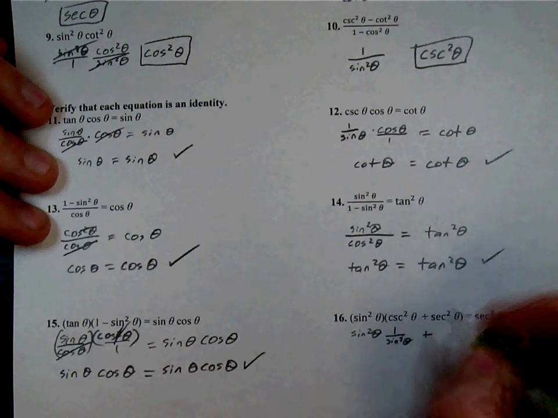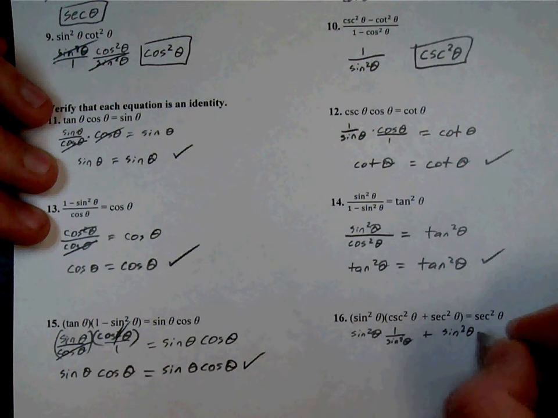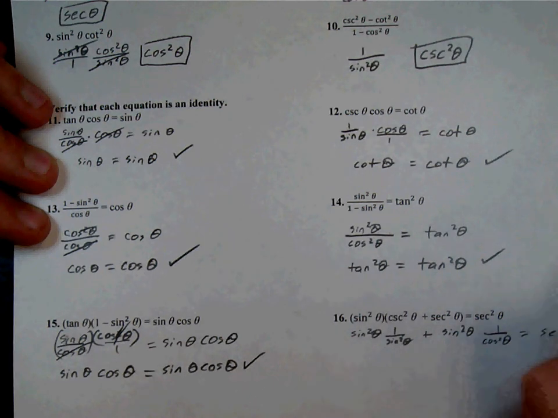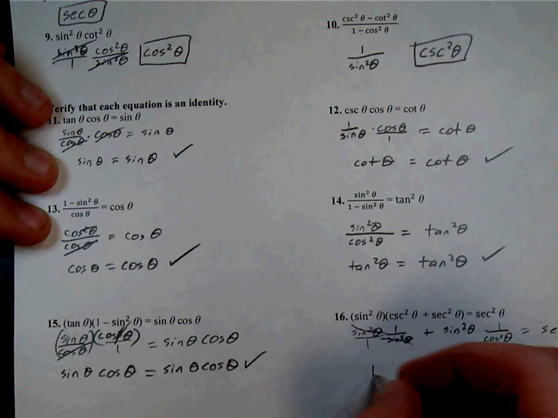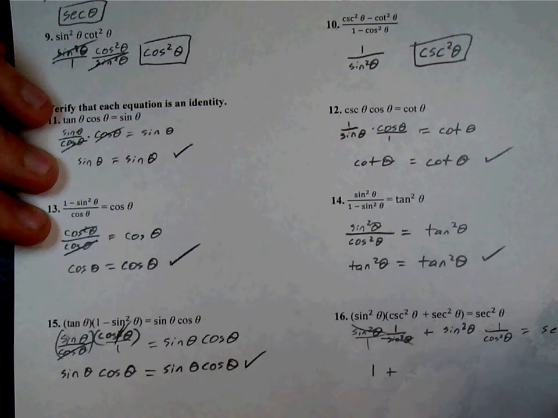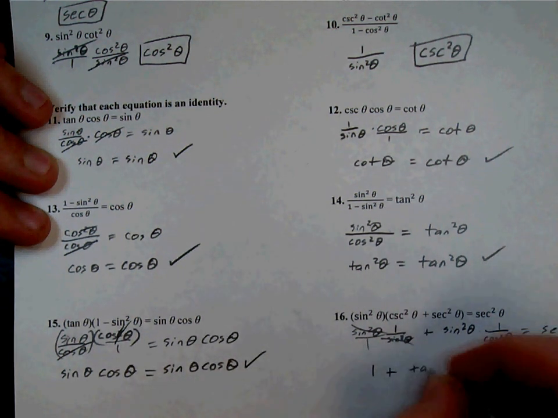Plus, now, sine squared times secant squared, which is 1 over cosine squared. Over here, sine squareds cancel, giving me 1. Sine squared over cosine squared, that's tangent squared.